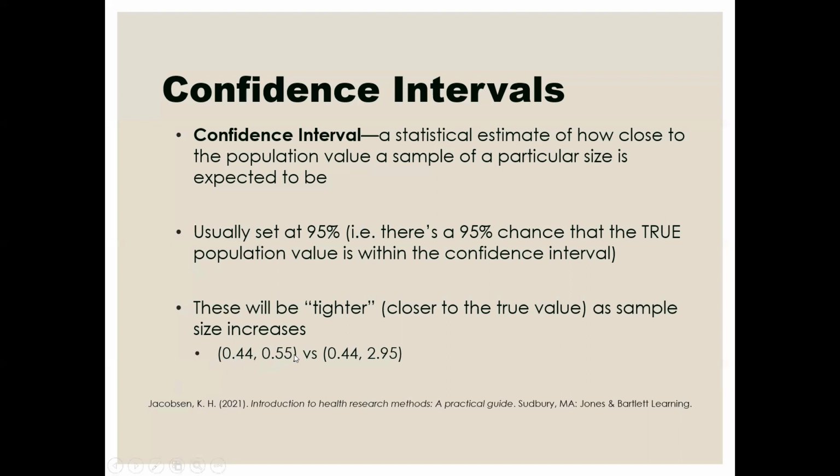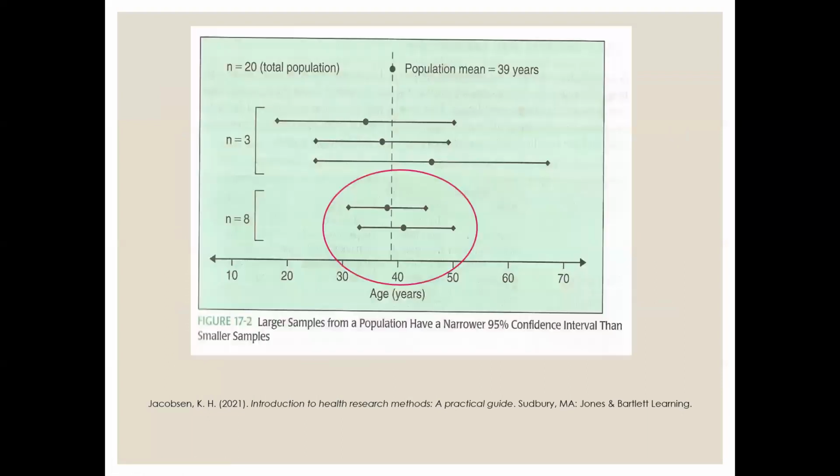So anytime you see this, look at the distance between these numbers is small. The distance between these two numbers is greater. So I would say that this is a smaller confidence interval because the sample size was a bit larger. And we would then infer that that sample is closer to the population. When you see large intervals, you wonder what's going on amongst all those numbers and data.